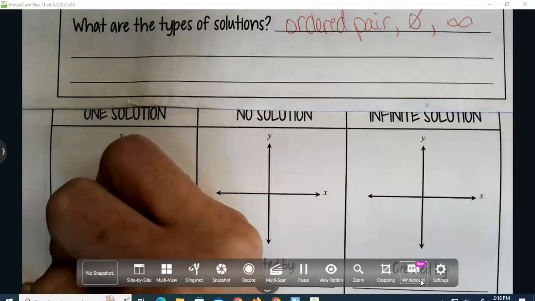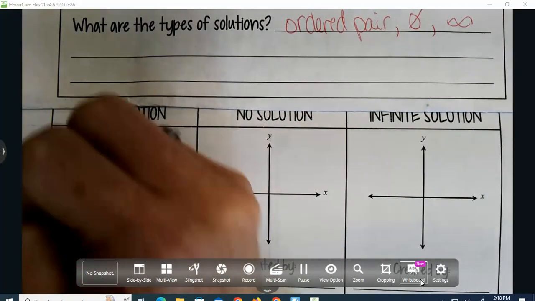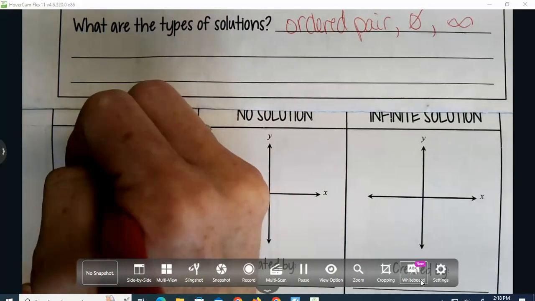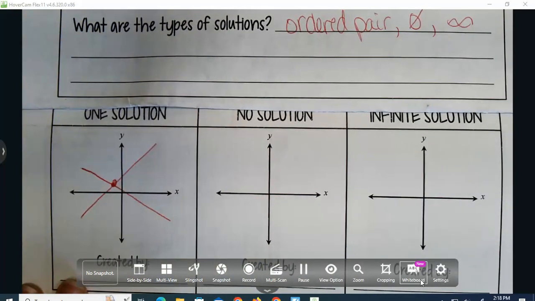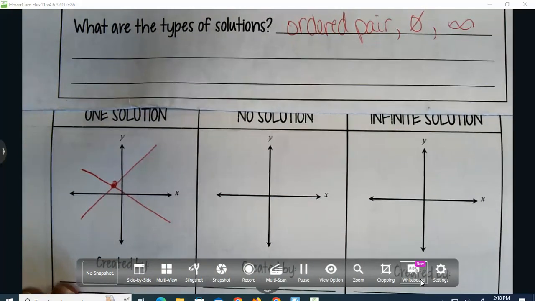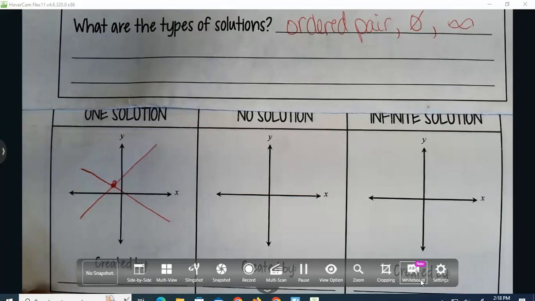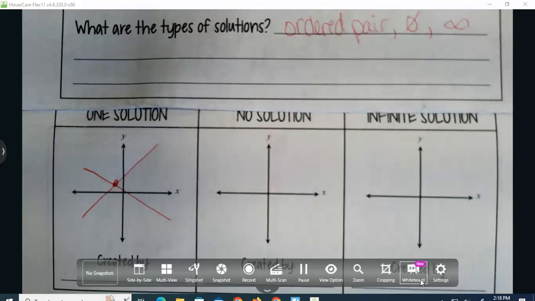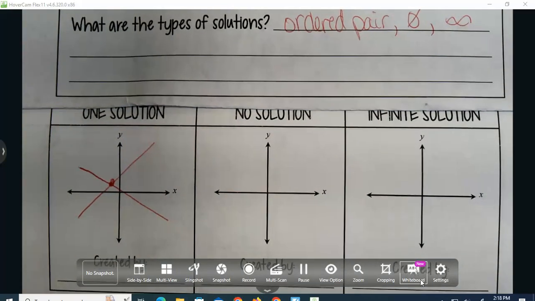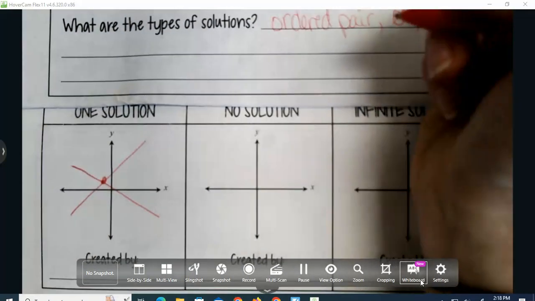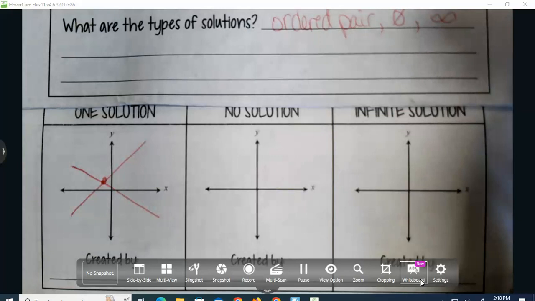If we look, that's something where you have two different lines, they meet somewhere, and that is our solution. What does a no solution look like? Like 0 equals 3 or something, if you're solving an equation.